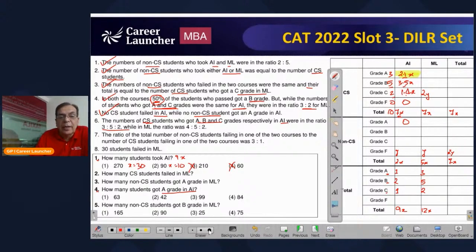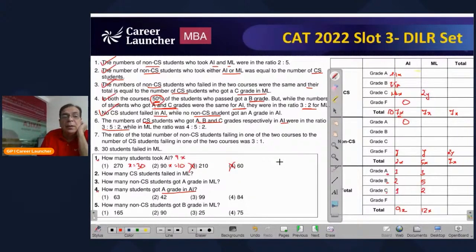I'll just erase some part of it so that there's no confusion. So this effectively is 2.1x, this is 3.5x, and 1.4x.